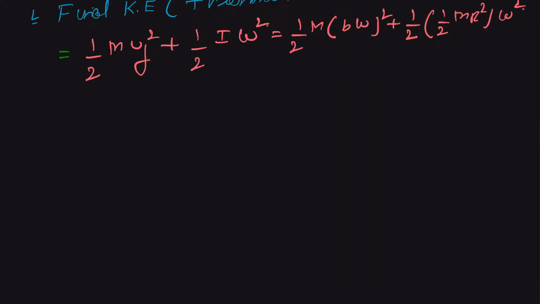So we get half m, and we can take omega square as common, so this will be b square plus 1 by 4 r square times omega square, and through the conservation this will be equal to mgh.